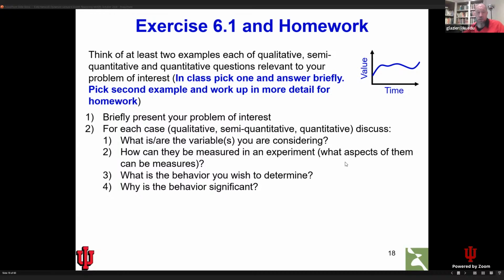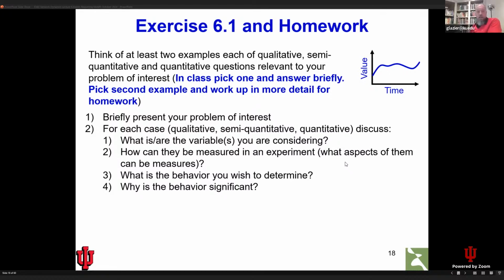So as an example, a semi-quantitative question could be as we change the level of the rate of DNA damage, does the amplitude of the oscillations of P53 increase or decrease? So the semi-quantitative questions ask about the trend, and the quantitative questions ask about the numbers. Right. So a quantitative question would be, what is the oscillation frequency of P53? Oh yeah. Okay.